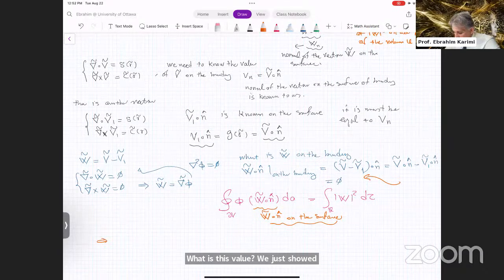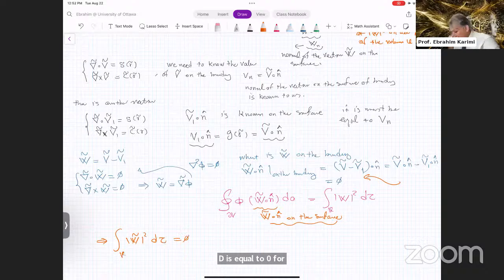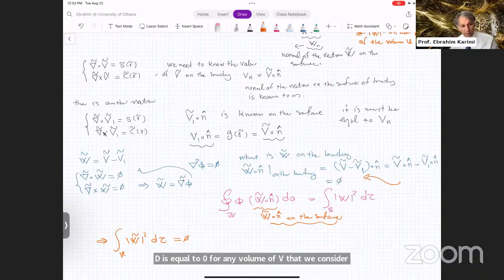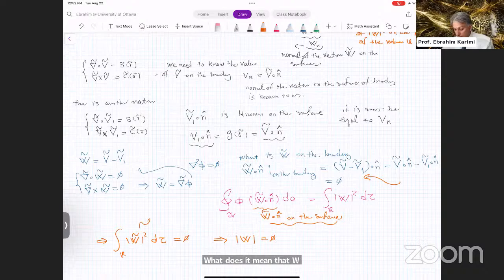So it means that the integral of W power of 2 d tau is equal to 0 for any volume of V that we consider. So for any volume, the integral of the squared vector magnitude is equal to 0. What does it mean? That W magnitude is equal to 0, because that is a positive value.